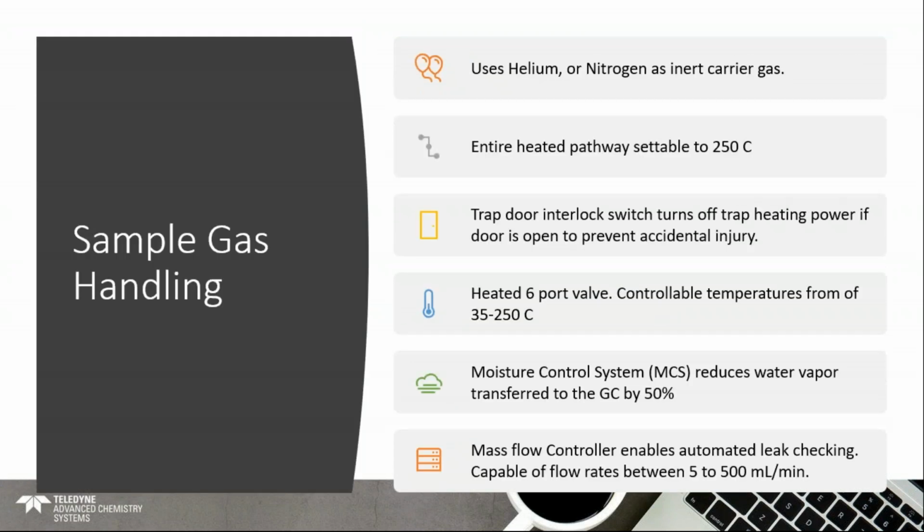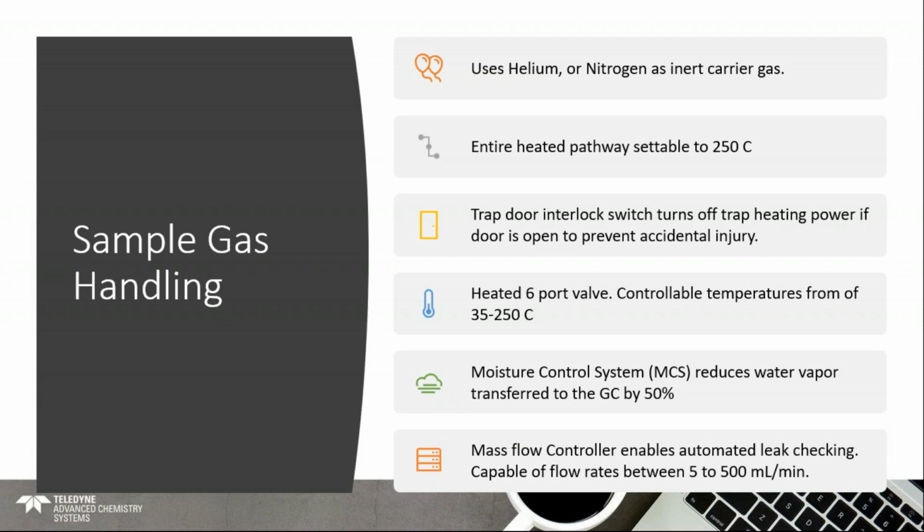Sample gas handling. The Thomas XYZ mass flow controller is optimized to use helium or nitrogen as the purge gas with input pressures between 65 to 100 psi. To avoid any cool points, the entire path is heated to temperatures set up to 250 degrees Celsius. Because safety is always important, the trap interlock switch turns off the trap heating power if the door is open to prevent any accidental injuries.